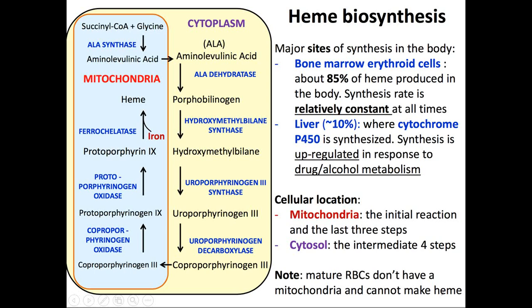Then porphobilinogen will be converted into hydroxymethylbilane by the enzyme hydroxymethylbilane synthase. Then uroporphyrinogen 3 is formed by the enzyme uroporphyrinogen 3 synthase.